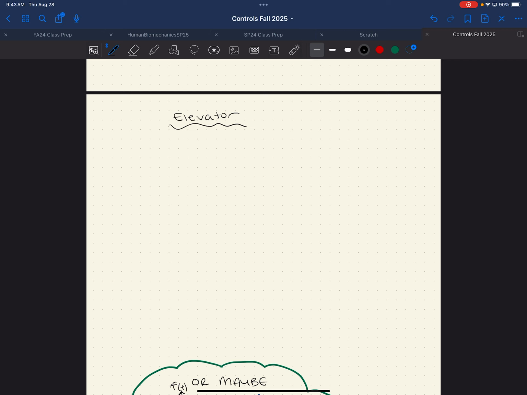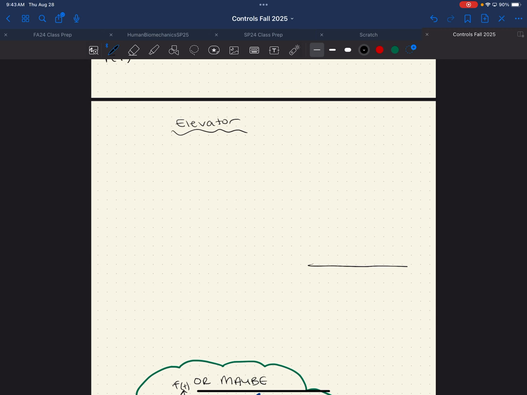Let's think with an elevator, and I'll draw a quick picture for us. I apologize, I'm not an artist. If you can't at all tell, yes, I use a lot of squares. If you can't at all tell what it is, I apologize. That's why I put these nice little labels. Okay, so I'm drawing an elevator. Elevator is a square on a cable, and that cable can pull it up or down.